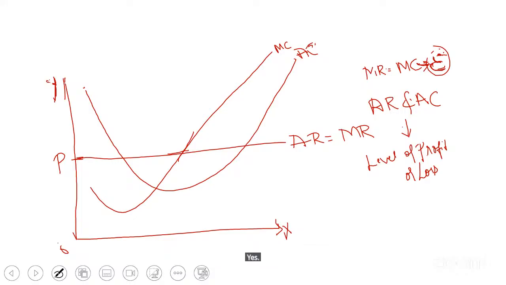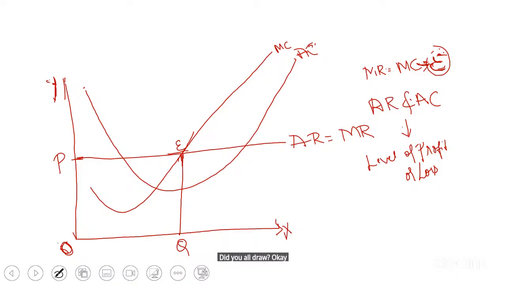This point is the equilibrium point. From that point, drag a line to the x-axis and write Q. This is O, so this is Q. Did you all draw?